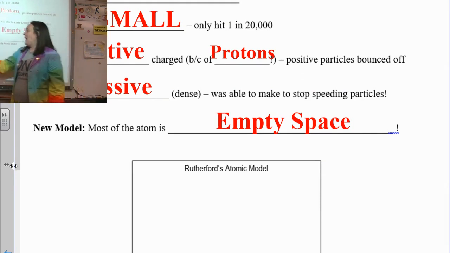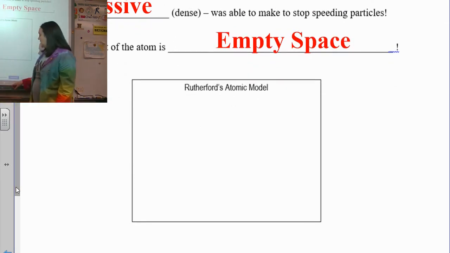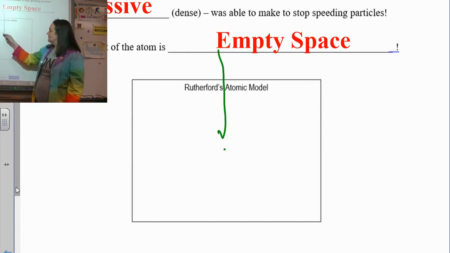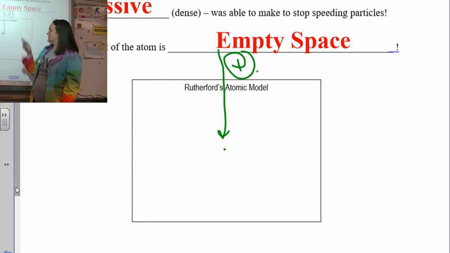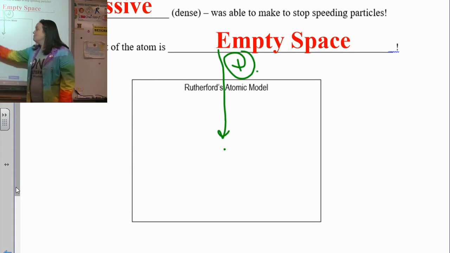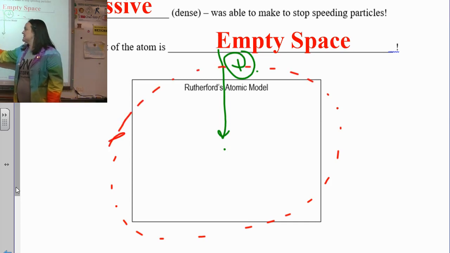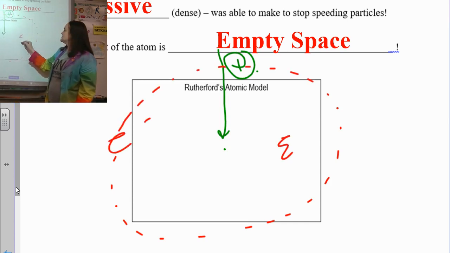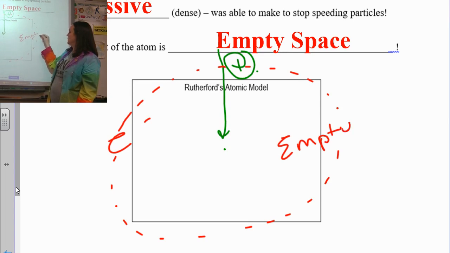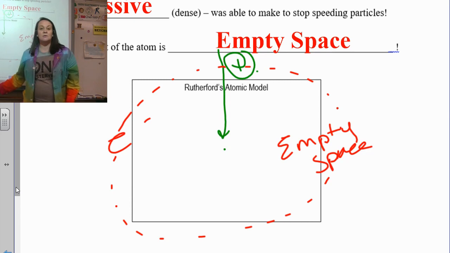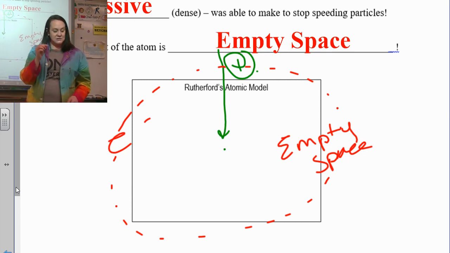So what they changed to was that we have this teeny tiny little positive, small, dense nucleus, and then the electrons must be somewhere out here, but most of the atom is empty space.